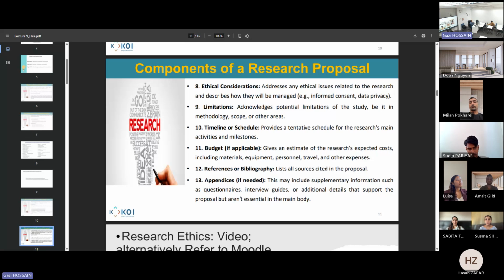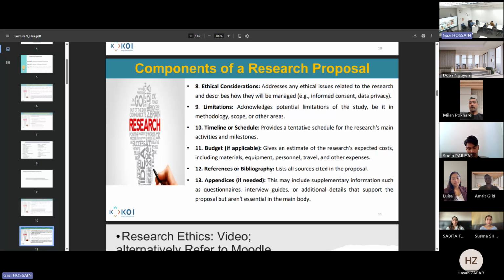Also, when I write the report or thesis, if I mention Luisa's name or Amrin's name, that is unethical. We can't use any participant's real name or status in the thesis or the report.